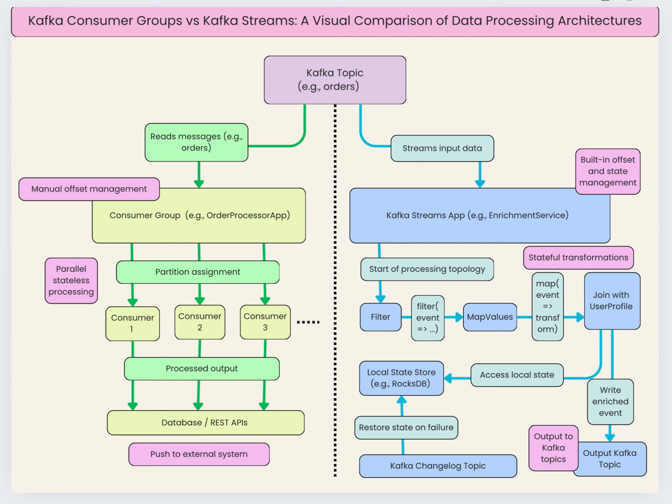When it comes to deployment, Kafka consumer groups are deployed as a separate service or function, whereas Kafka Streams is deployed as an embedded Java app, no extra cluster. Common use cases for Kafka consumer groups are ETL and microservices. For Kafka Streams, common use cases are real-time analytics and enrichment.